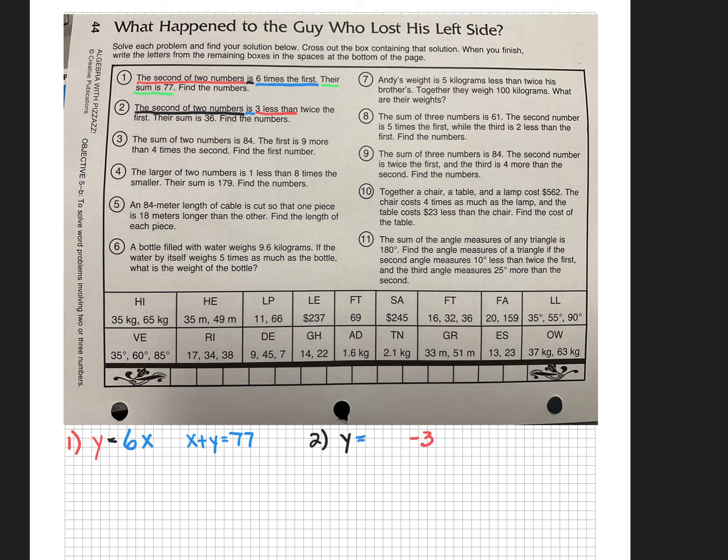And then what are we subtracting 3 from? Twice, or 2 times the first number. 2 times the first number is twice x. Their sum is 36. That should be really easy. x plus y equals 36.